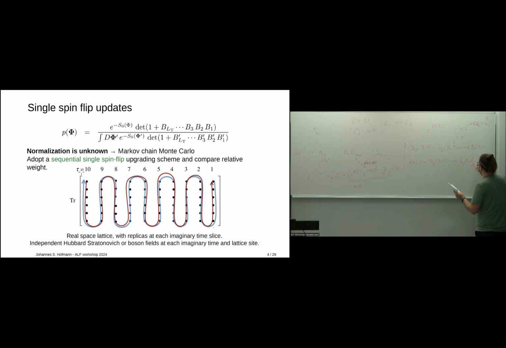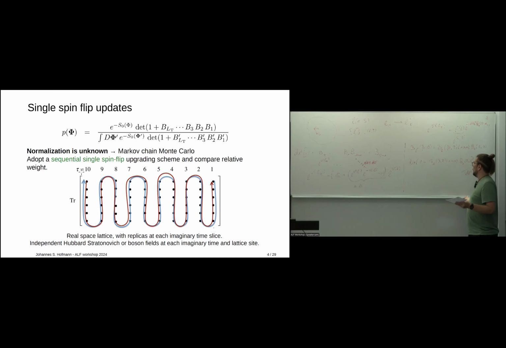And this gets divided by the determinant of 1 plus the old BL again, from beta all the way to 0. So I do not have this insertion here.